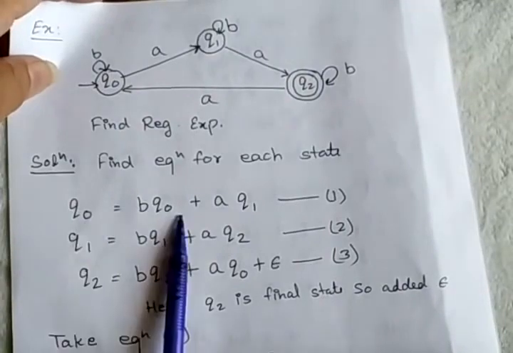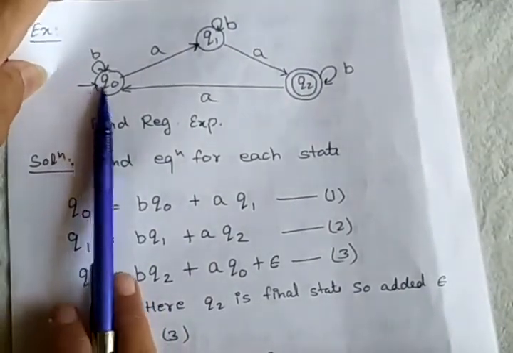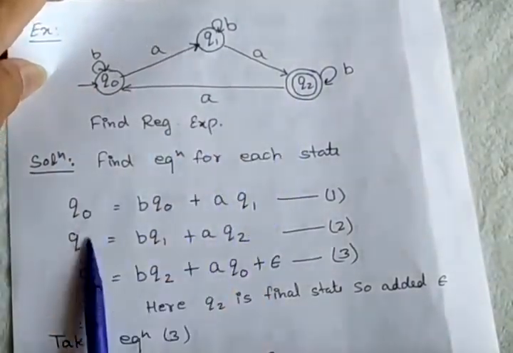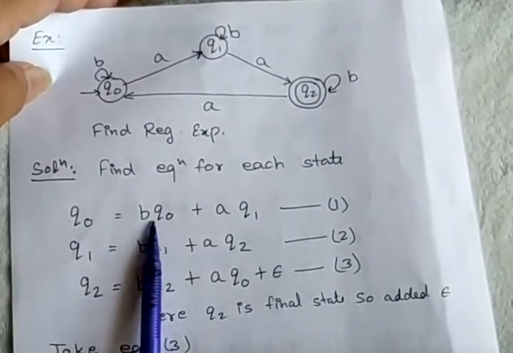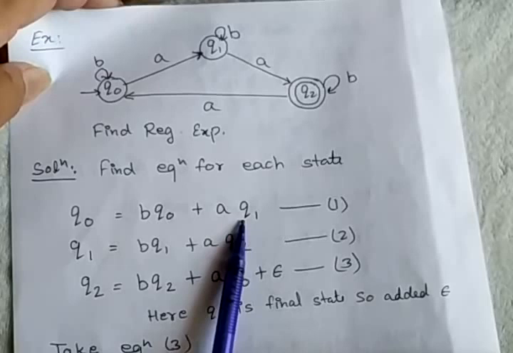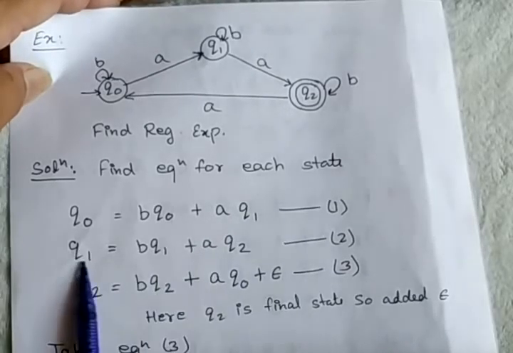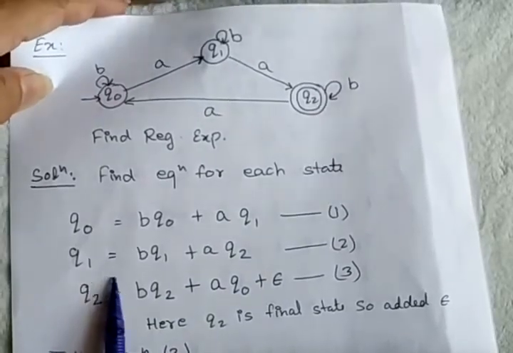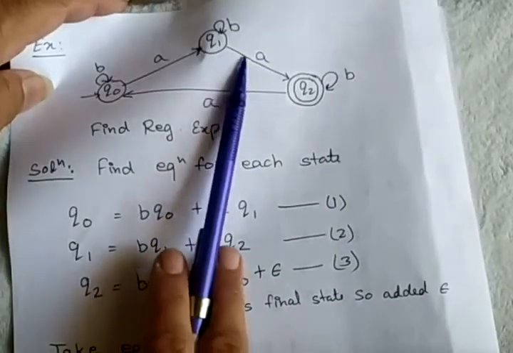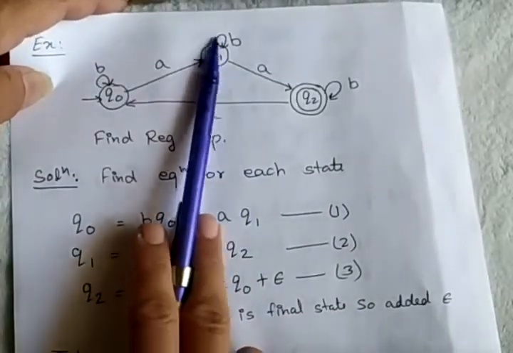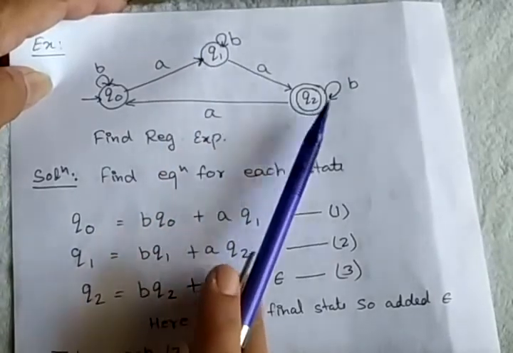Find out the equation for each of these states. Q0 will be BQ0 plus AQ1. Right? Q1 will be BQ1 plus AQ2.